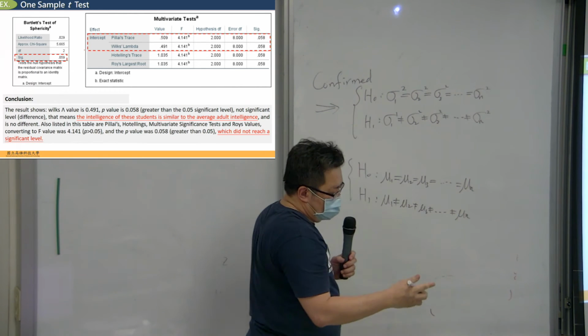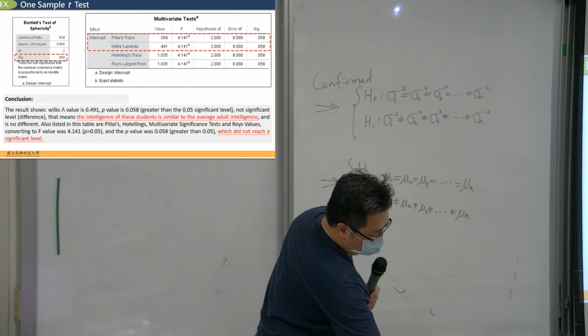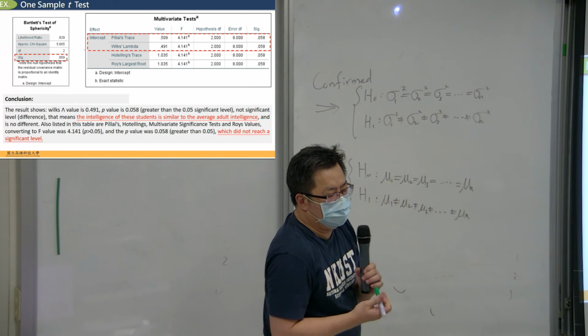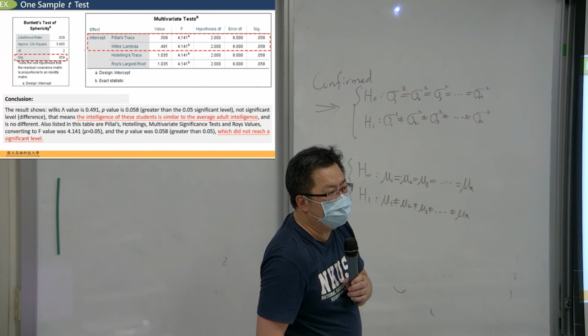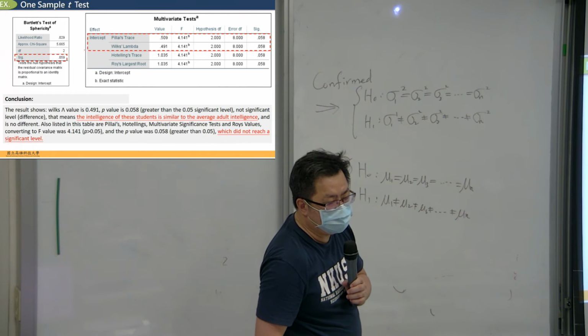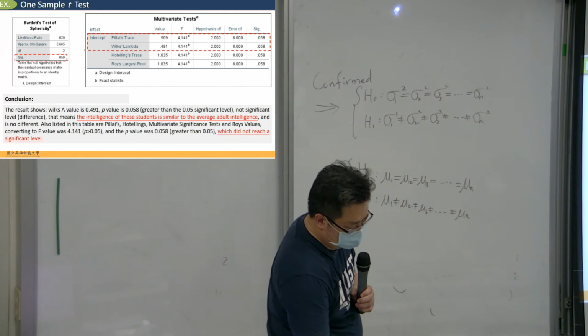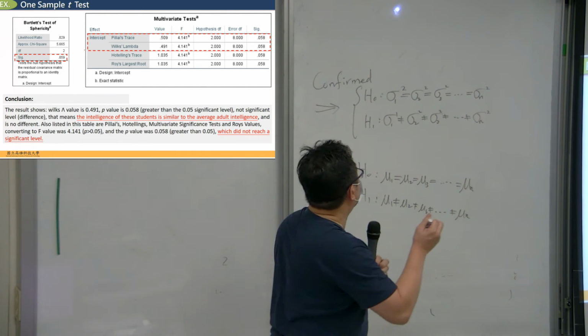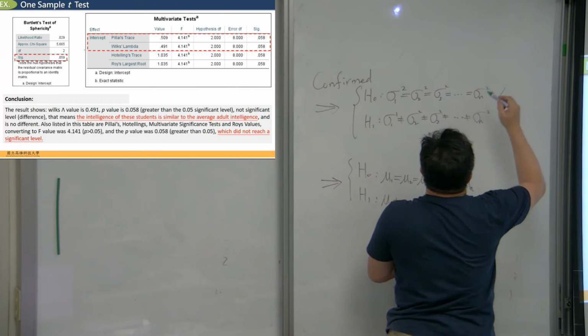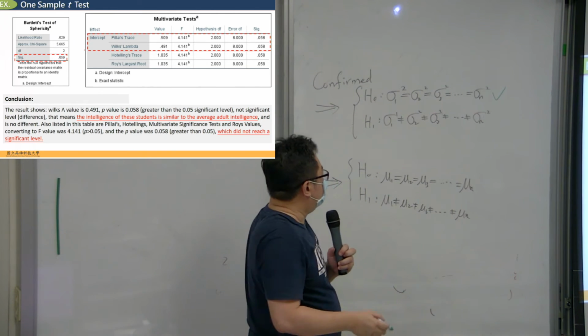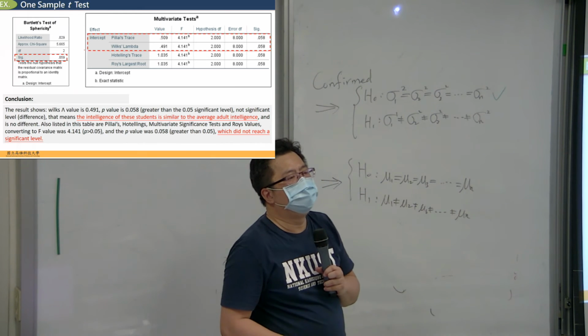If the comparison of the variance among the population is equal, okay? There will be no problem doing this.